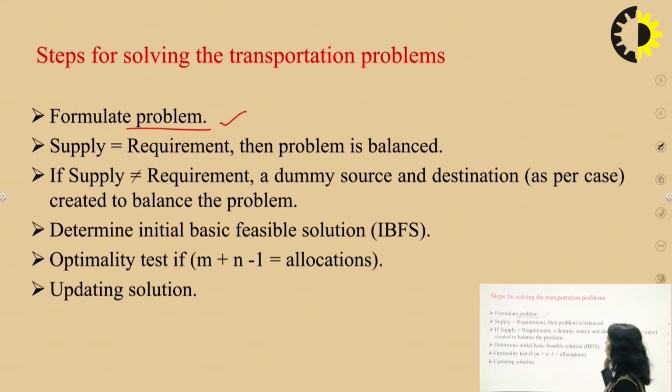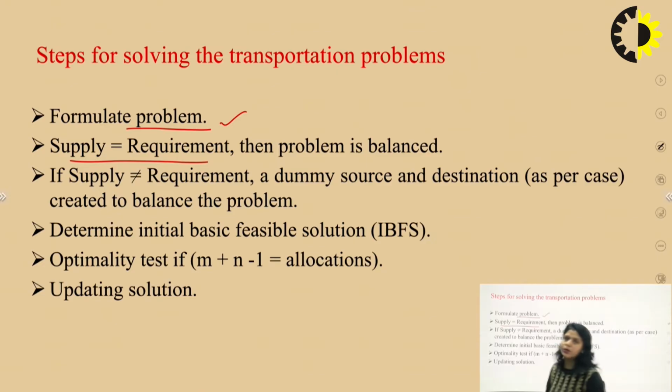To check the balanced condition, the requirement is that the total supply should be equal to the total requirement. If the transportation matrix satisfies this condition, it means the problem is balanced. But if the supply is not equal to the requirement, then what will we do?